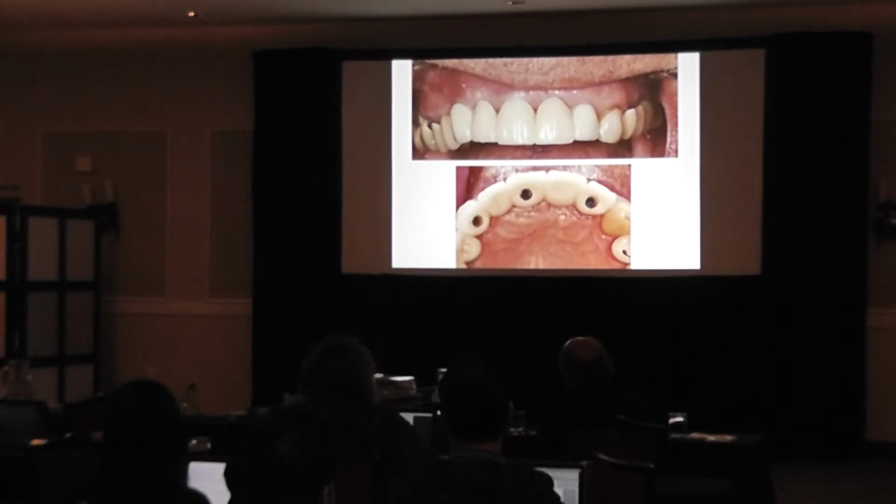Provisional bridge. One of the nice things I can confirm from this is I know I can get my screw access channels basically placed through the lingual cingulum surfaces. So this is lab produced, and what I've done is picked up titanium abutments in the hollowed out portions of the temporary bridge.